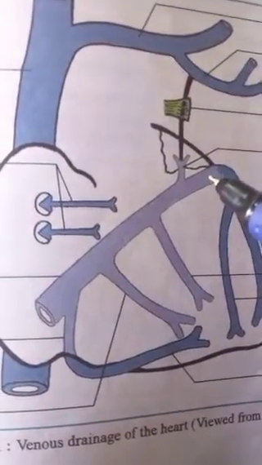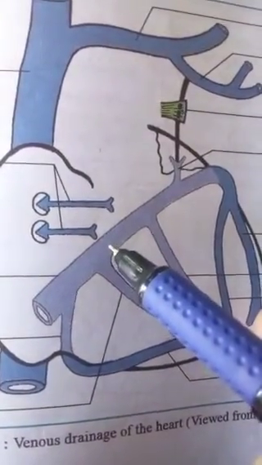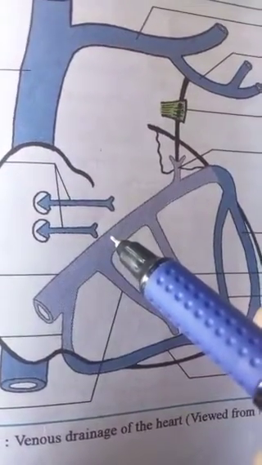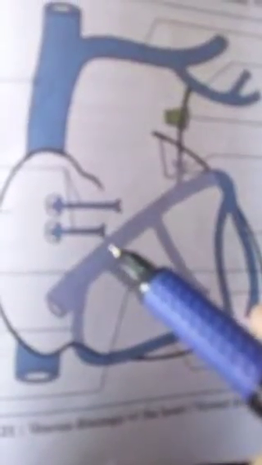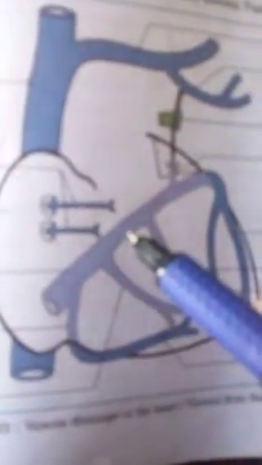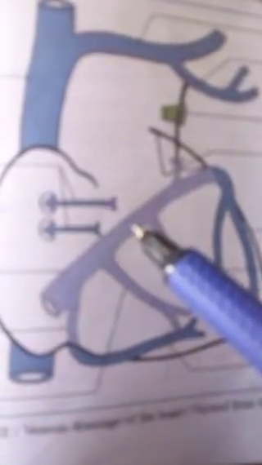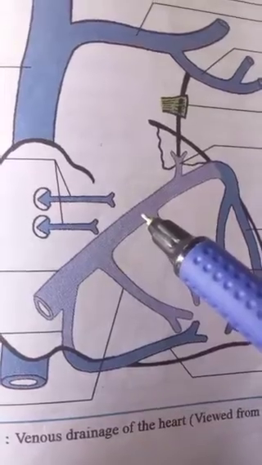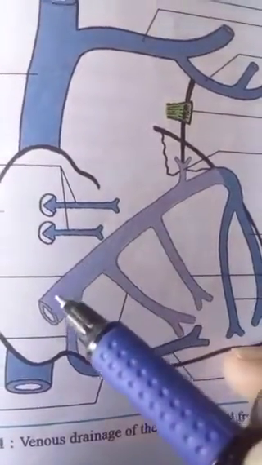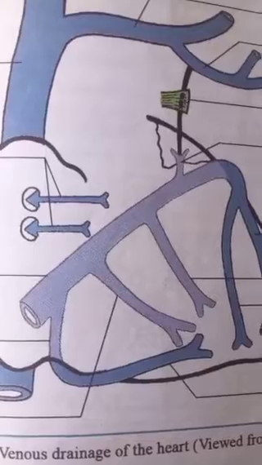Then it passes downwards and to the right along the posterior part of the atrioventricular groove, and in this groove it is related with the anastomosis between the right and left coronary arteries. So finally, the sinus opens into the right atrium.